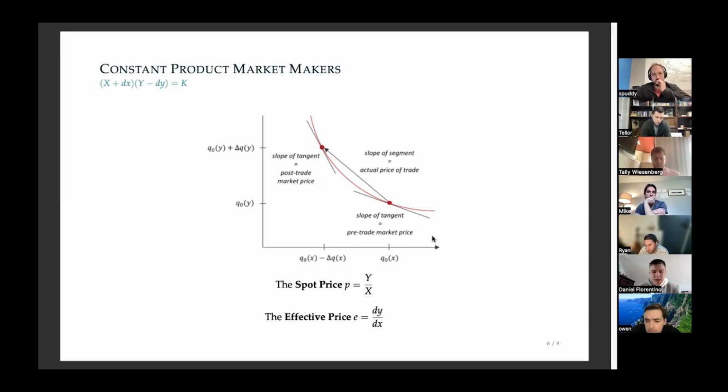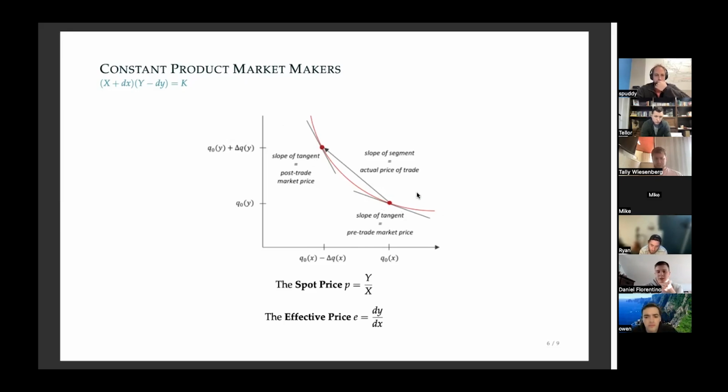The amount you pay has to factor in how much you're putting in and how much you're taking out. So we can't just use the total balances.